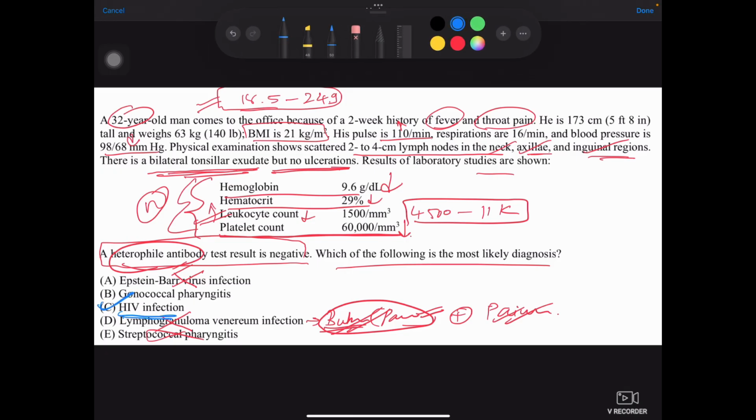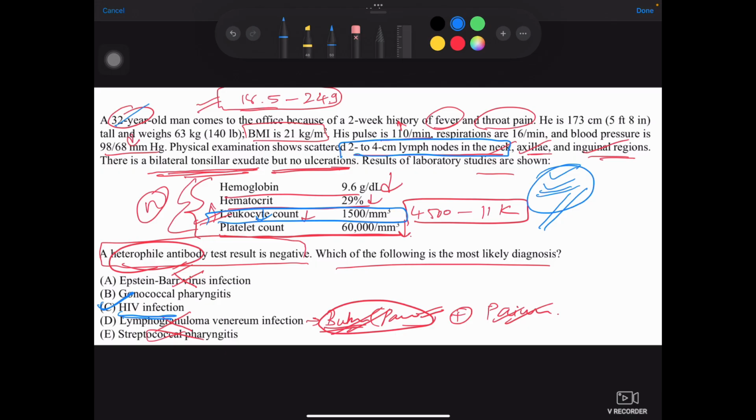In HIV, yes, you can see decreased WBC, that is the hallmark. The lymph nodes will be enlarged in HIV, plus there will be some atypical symptoms like diarrhea, and flu-like symptoms in early HIV infection.